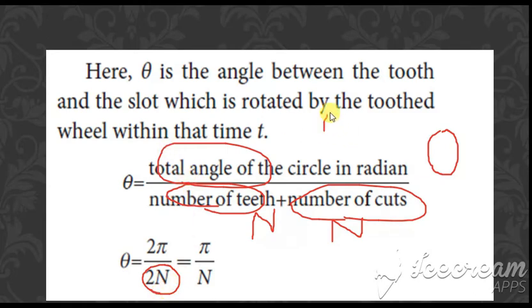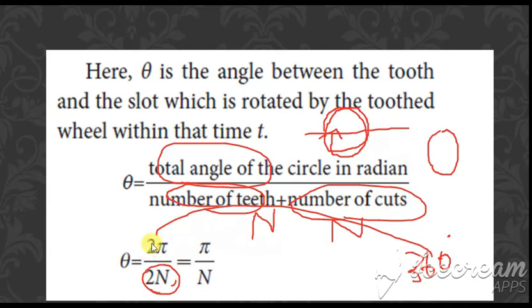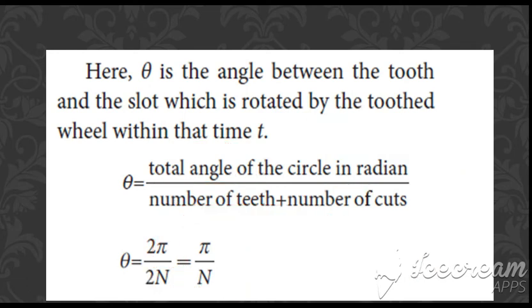Total angle: it is rotating in a circular path, so the angle is what? 180 plus 180, which is equal to 360. Is it not said that 360 can be written as 2 pi? So 2 pi divided by 2n. 2 and 2 get cancelled. So we get theta is equal to pi divided by n. So this gives the value of theta, which is the angle between the tooth and the slot.